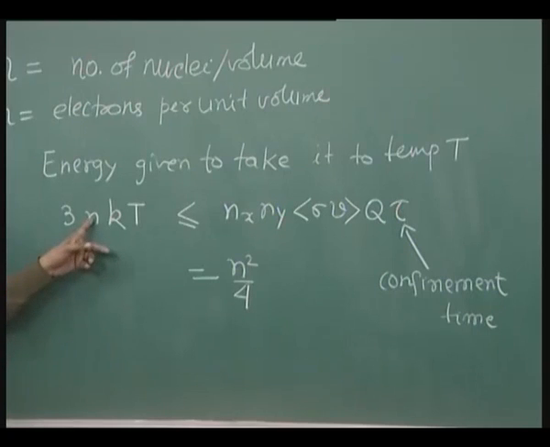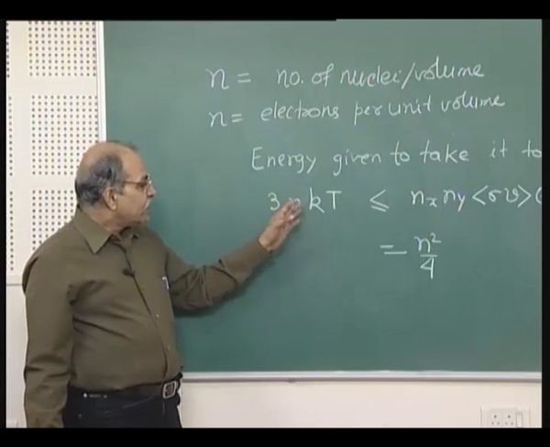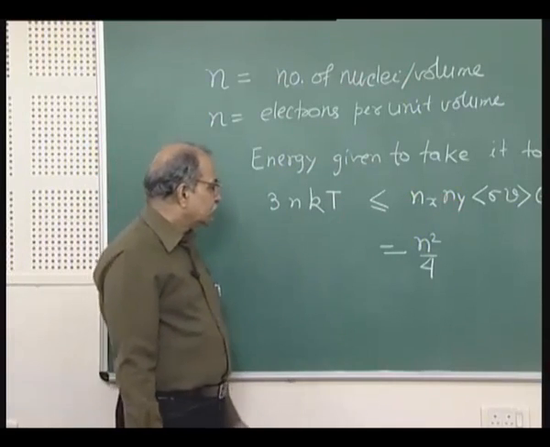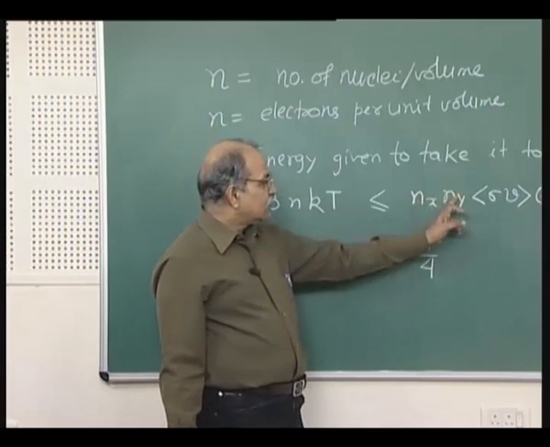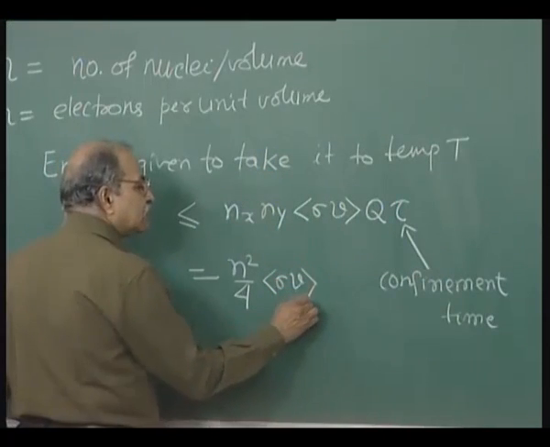Remember, this n we are taking as the total concentration of X and Y. So, total concentration of nuclei is n, and half for D and T. So, this is n by 2, this is n by 2, so n square by 4 sigma v Q tau.